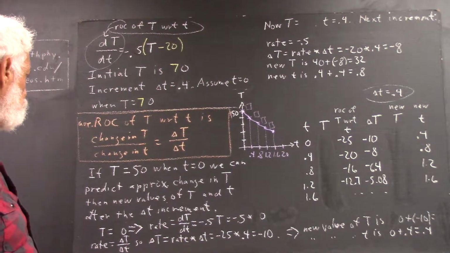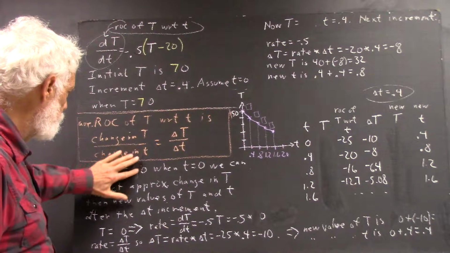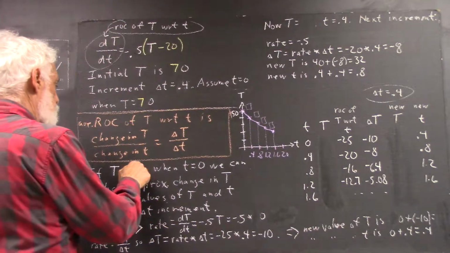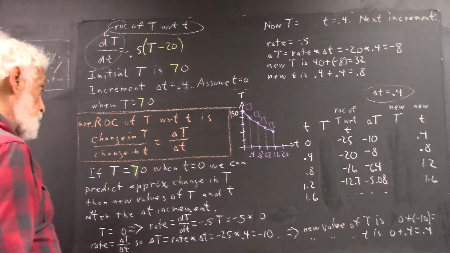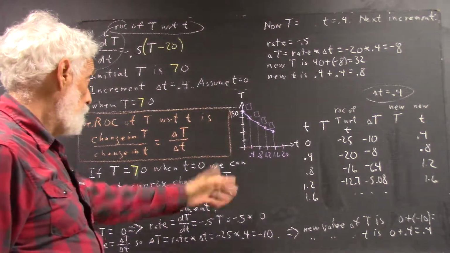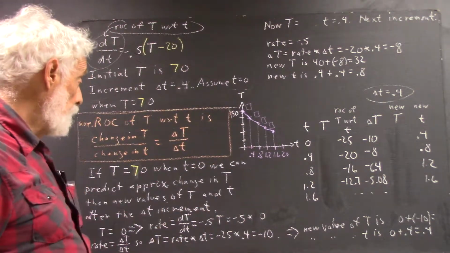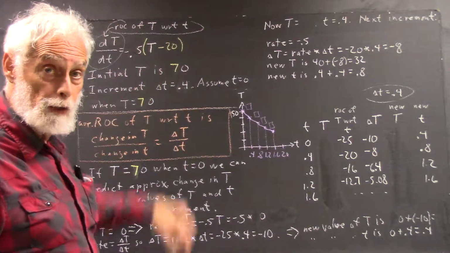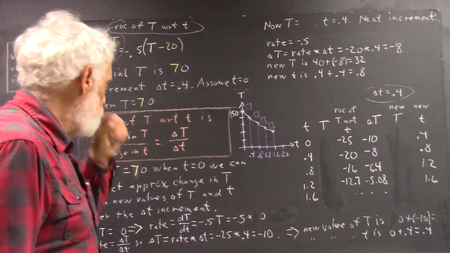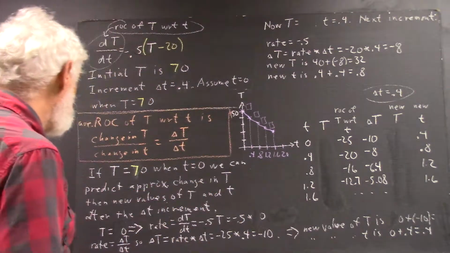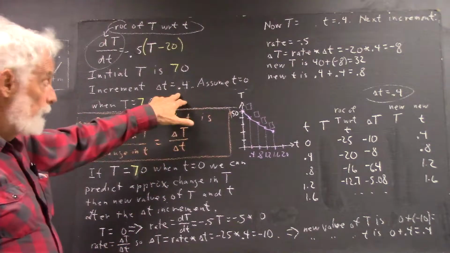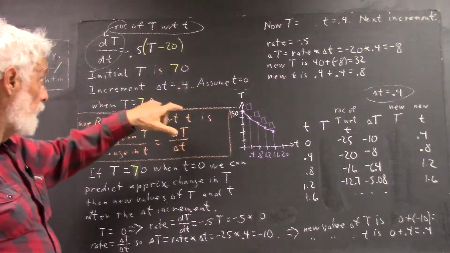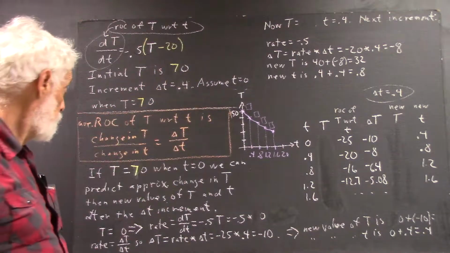There's one thing that I should have changed but didn't. So your temperature is 70 when the time is 0. Now we can do everything. We can predict the approximate change in T. We've got a rule for calculating that rate, so we can calculate the rate of change of T and then apply that for a time interval of 0.4 time units.